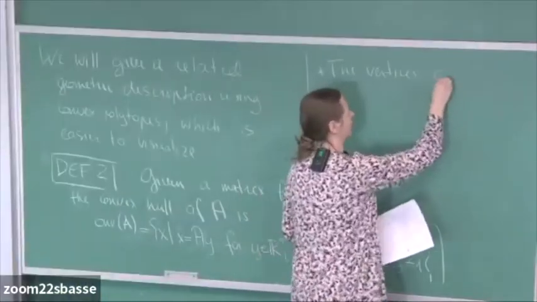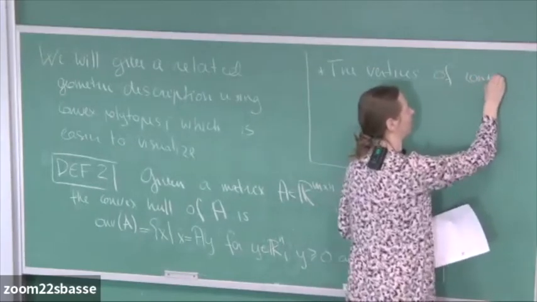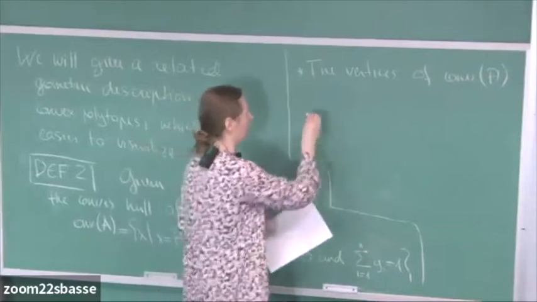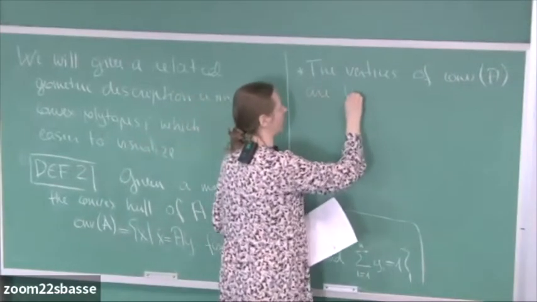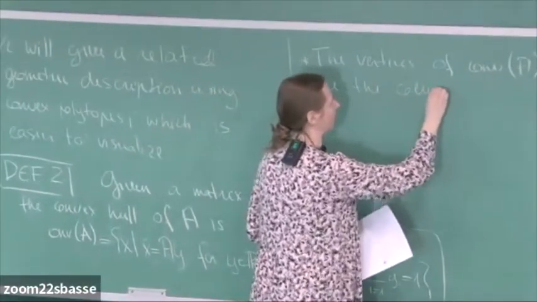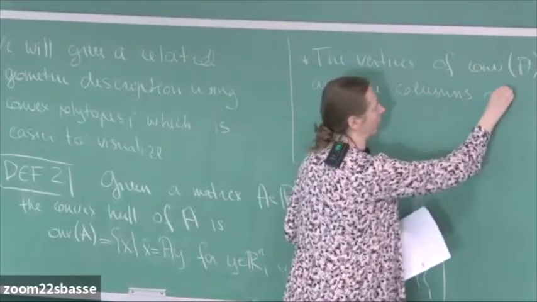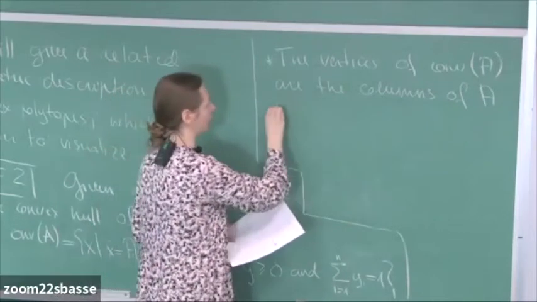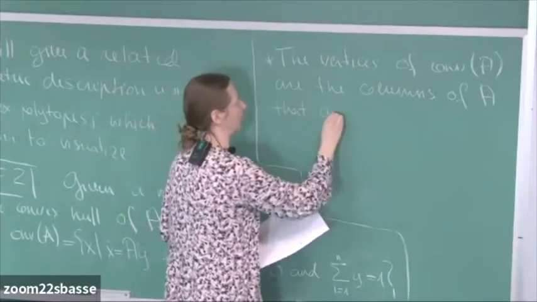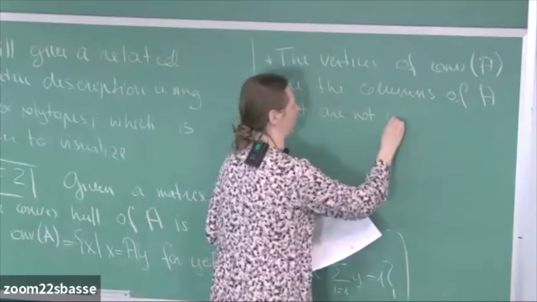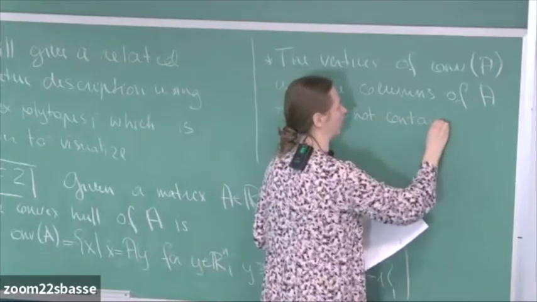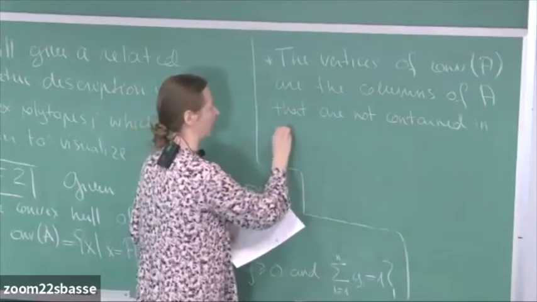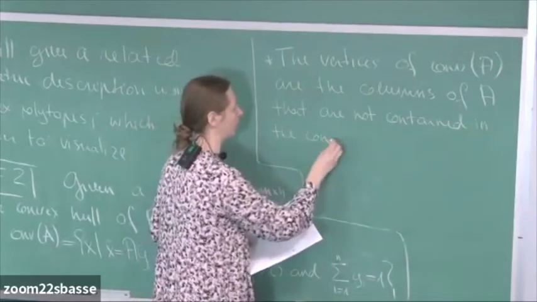The vertices of the convex hull of A are the columns of A that are not contained in the convex hull of any other columns of A.